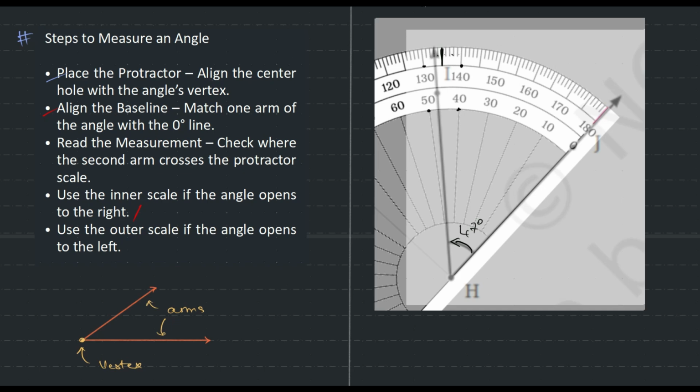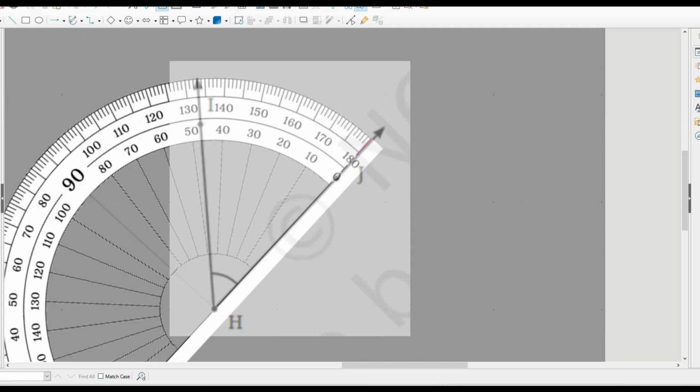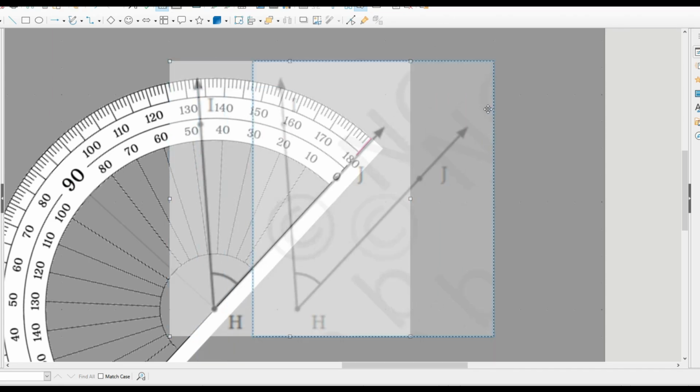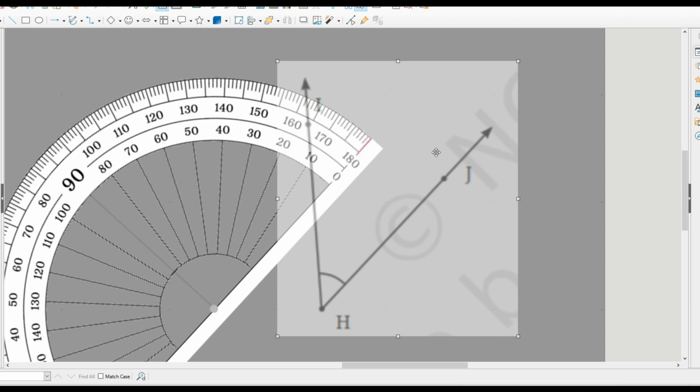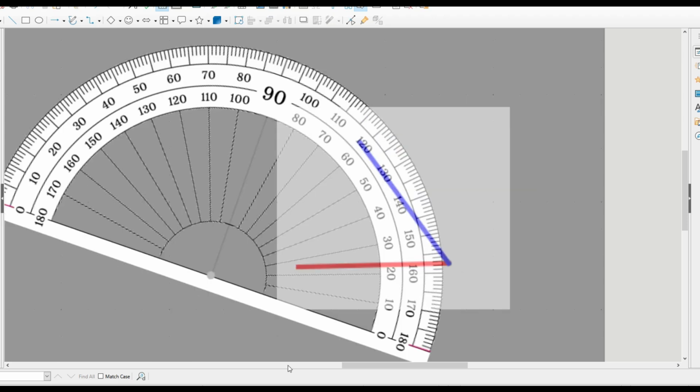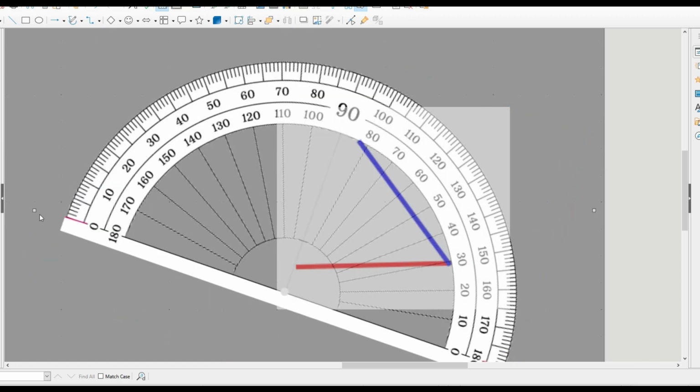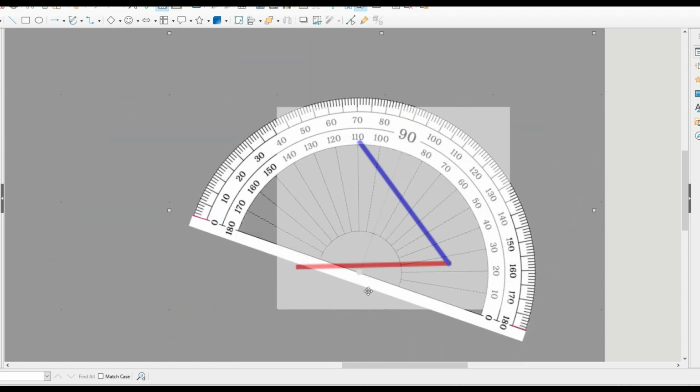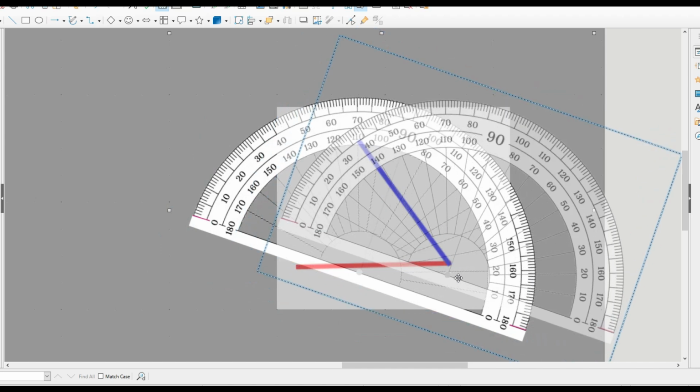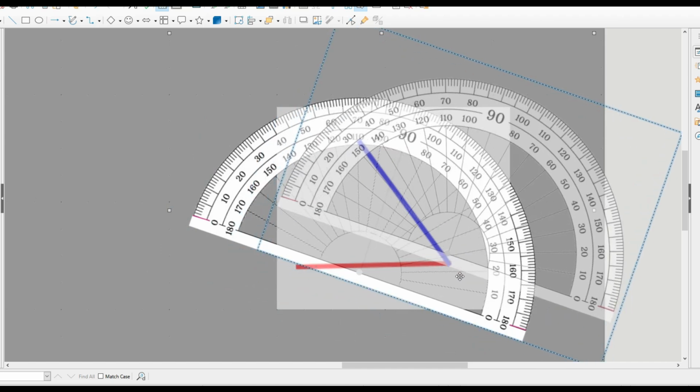Okay, let's look into one more question. Herein, I will make you guys understand an angle pointing towards the left. I think I want to show that as well. Okay, I have the question. First thing first, we need to keep the protractor in such a way that the centers are aligned.